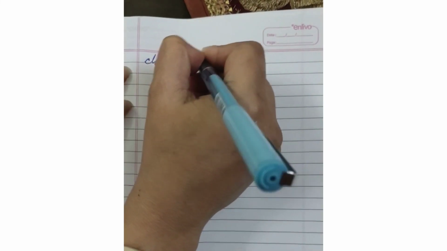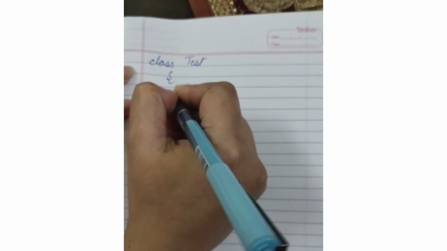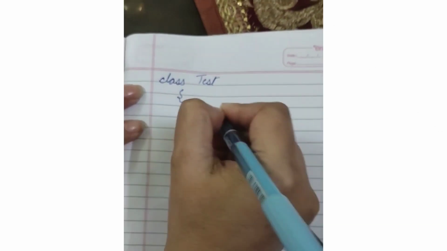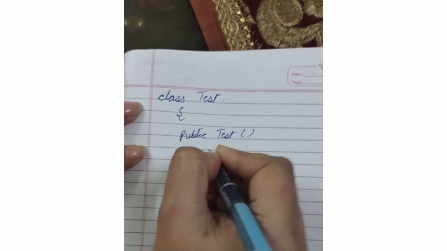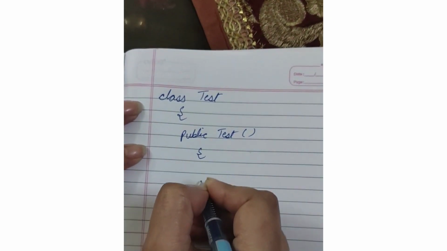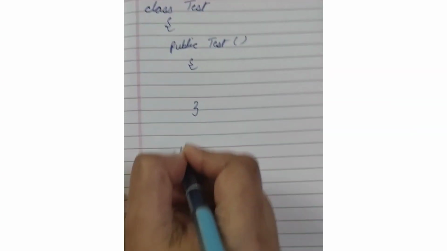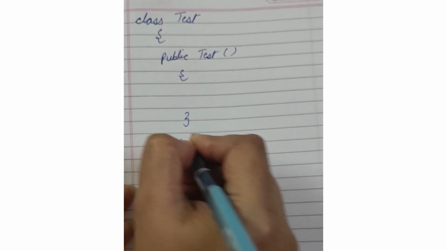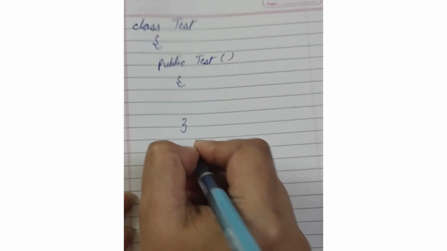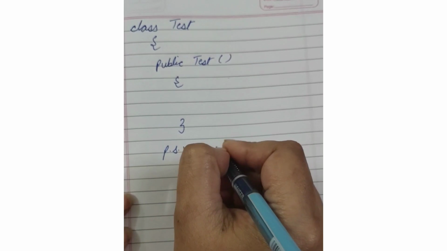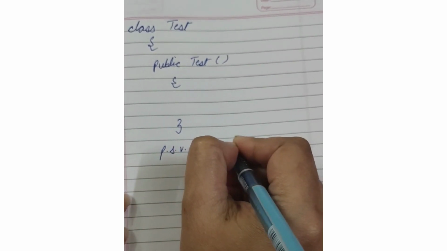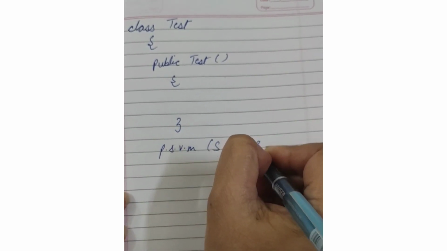Class test, public test. Here I'll create a main method, PSVM, public static void main. I think all of you understood this. String arguments.